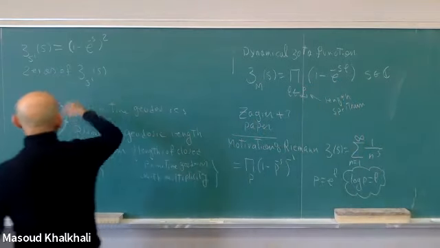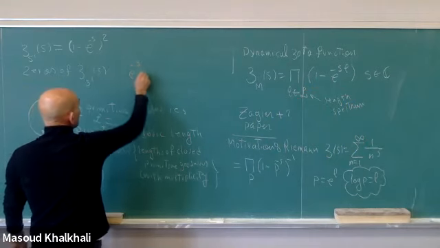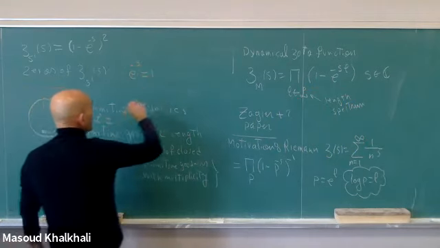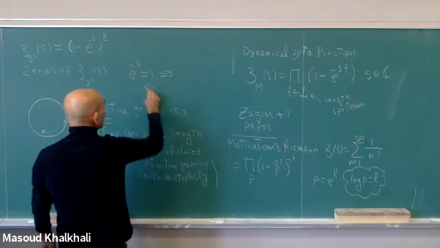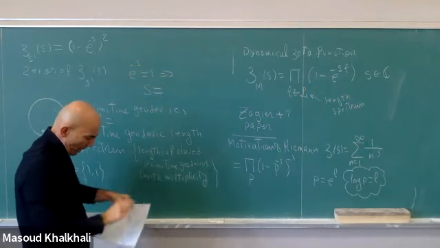So the zeros of this, of course, only this one. So e to the minus s must be equal to 1, and here we get s equal to a multiple of pi i.